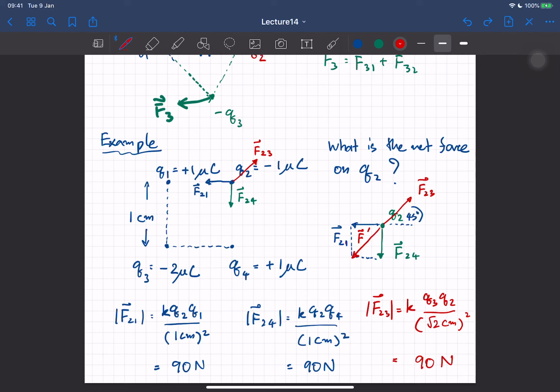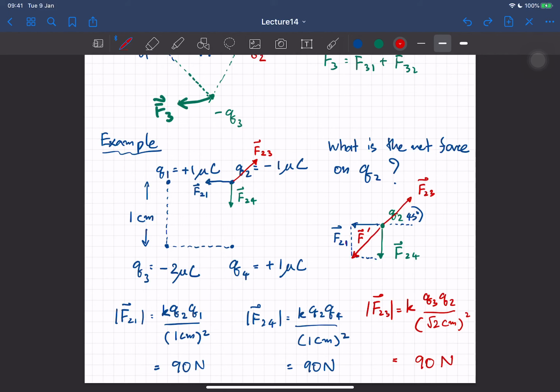In any case, first you need to draw the correct direction of the forces. Go one pair at a time. Q1 and Q2, that's the first pair, gives you this one, pointing that way instead of that way. How do you know? Because they attract each other. Then you go to the next pair, Q2 and Q3.